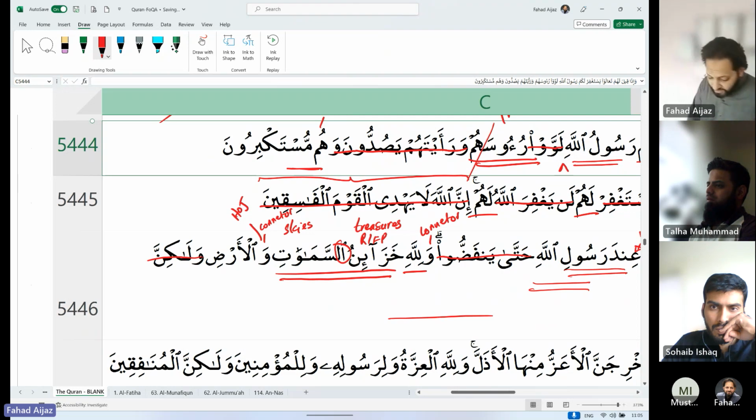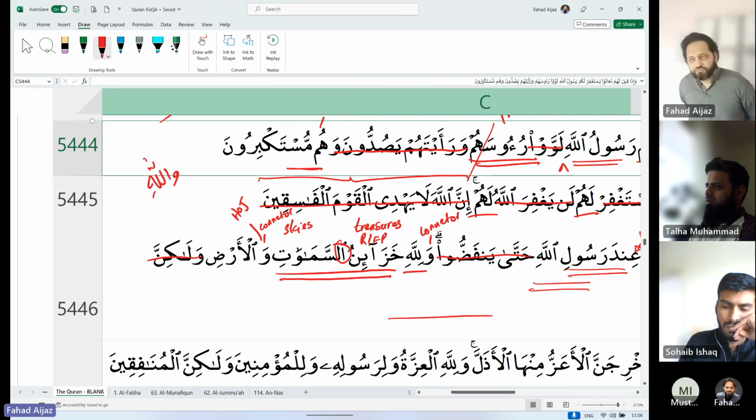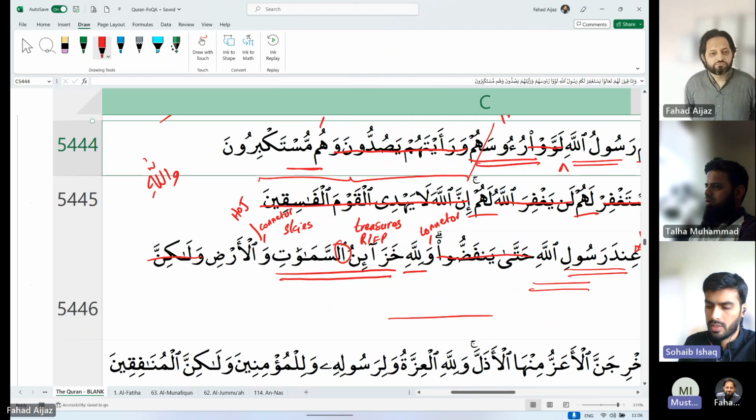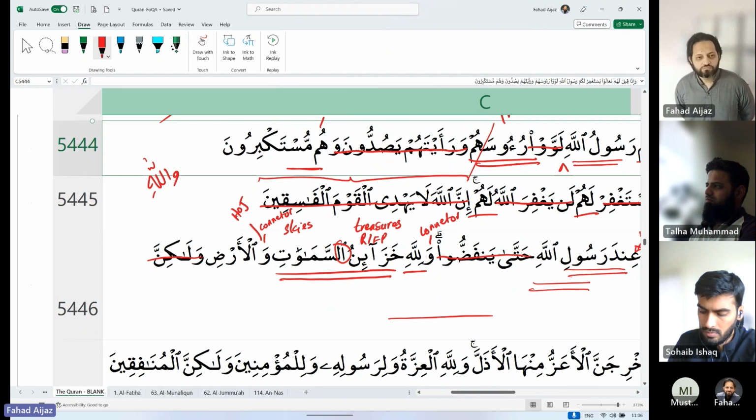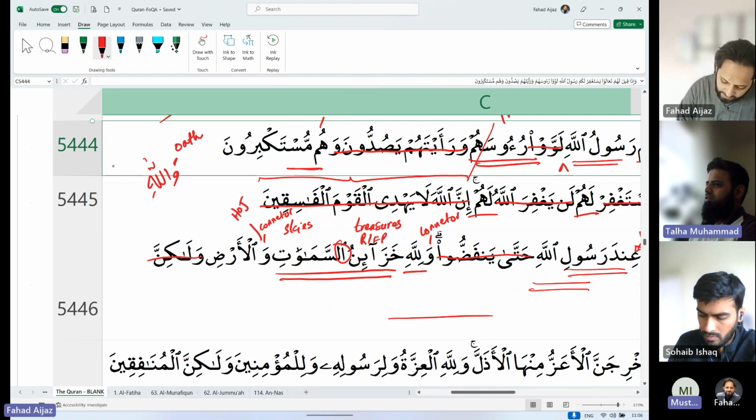And now what I know is when I say wallahi, is it a harf of jar or connector? It's a harf of jar. So when it is a harf of jar, what does it translate to? What is the vow for? It's an oath. You would say by Allah. That's what you say, right?